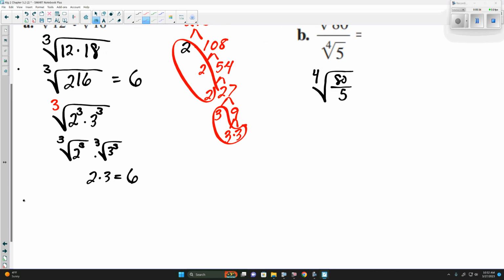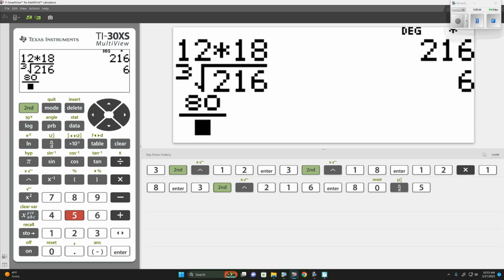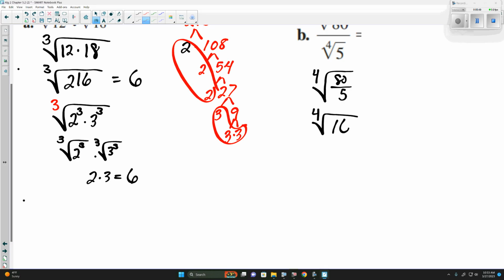Now what is 80 divided by 5? 80 over 5 is 16. Now we need to find out what the fourth root of 16 is. Well, we can do a factor tree. We'd have 2 and 8. 8 is 2 and 4.